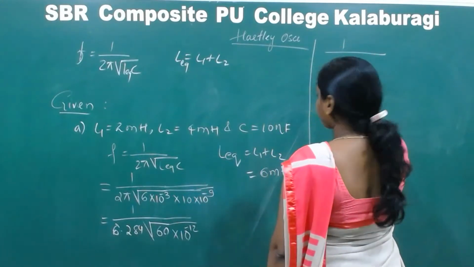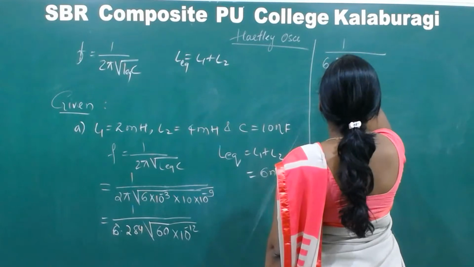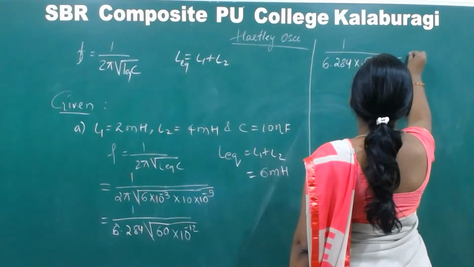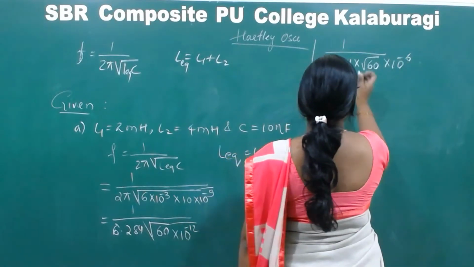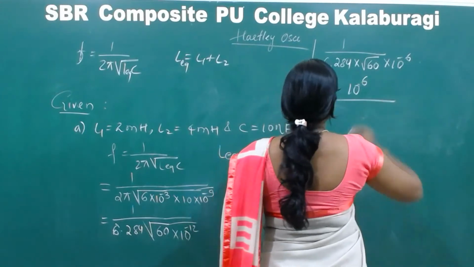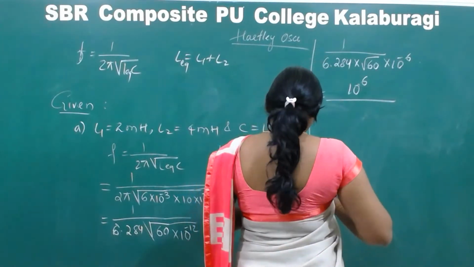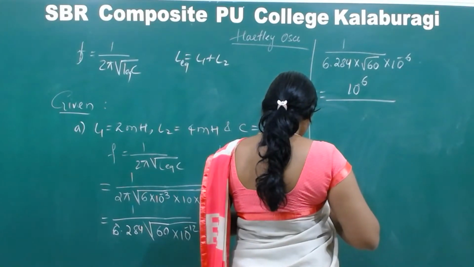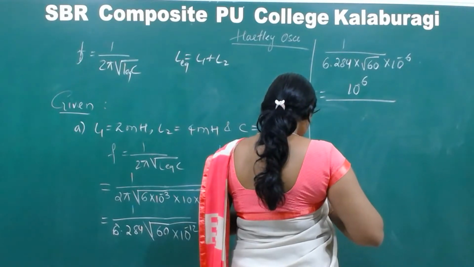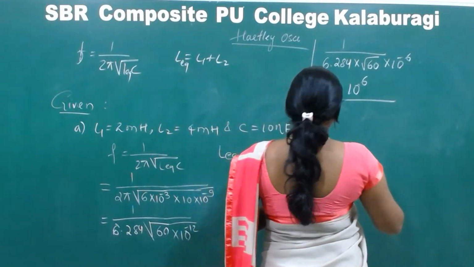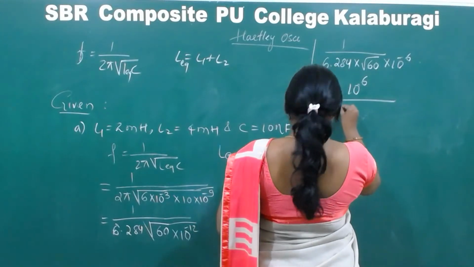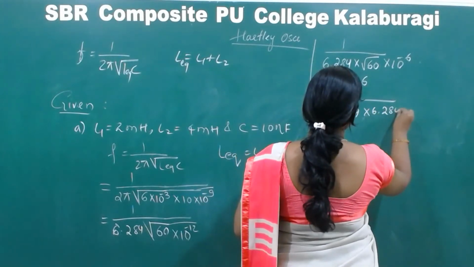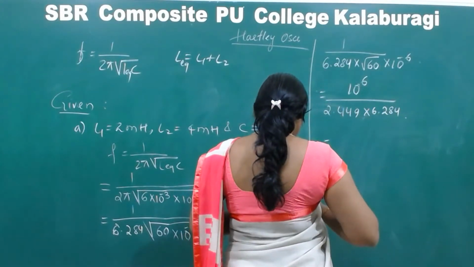1 by 6.284 into root 60 into 10 to the power of minus 6. This can be written as 10 to the power of plus 6 into root 6. Root 6 is 2.449 into 6.284.